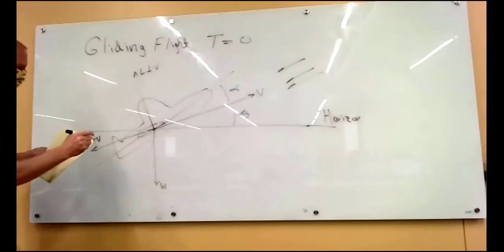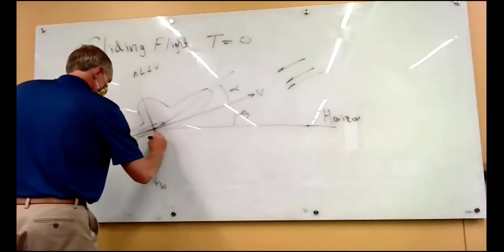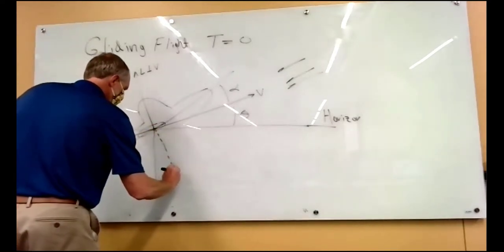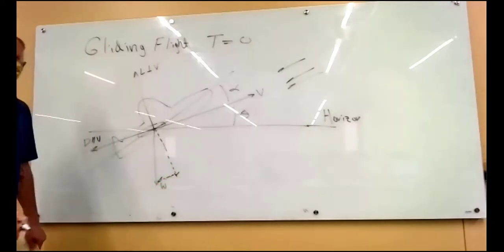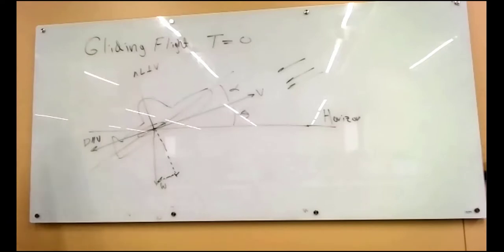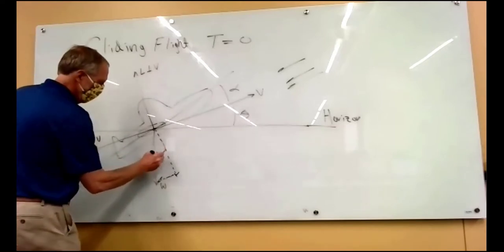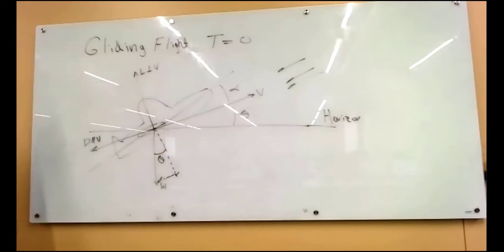And we still need to break the weight into components perpendicular and parallel so that we can look at the forces perpendicular and parallel to V infinity. So this angle is theta, because that's how much it's tilted up.